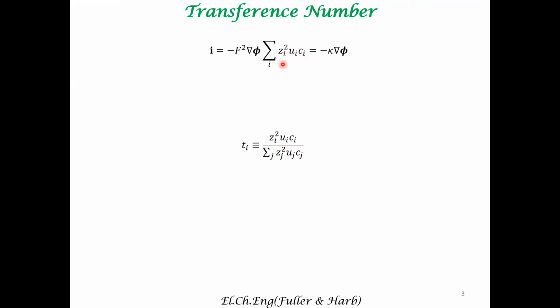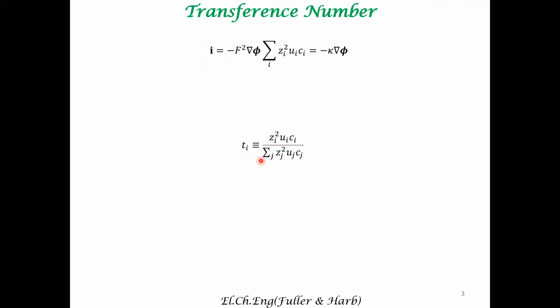The amount of contribution for a species I depends upon the mobility of the charged species, the concentration of the charged species, and the square of the valency of the charged species, right? So whether it's an anion or cation, this will be a positive number. So all these things can decide the extent of contribution for a particular species I towards the overall current.